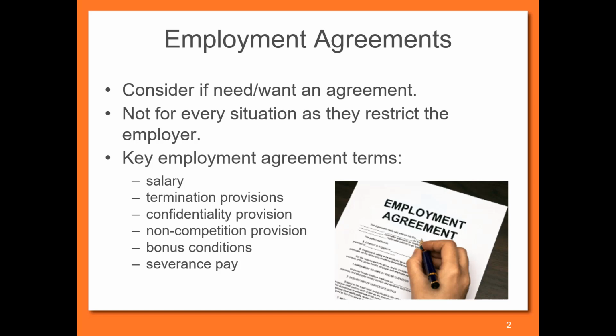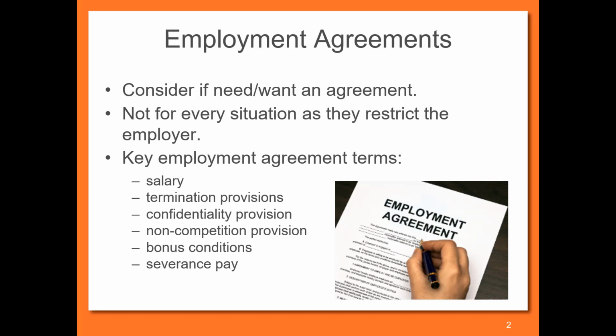Another provision that's typically and should always be in there is a confidentiality provision. And that protects the employer from the employee taking and using the confidential information for other purposes after they leave, as well as while they're there for some non-employer purpose for that company.